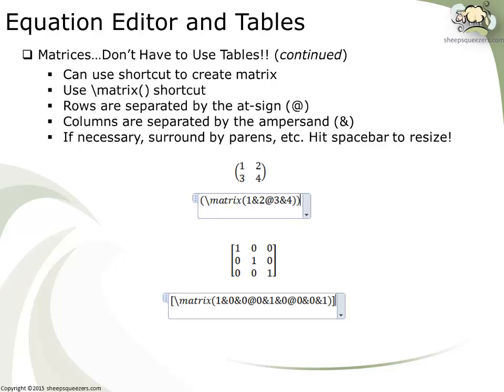Then I specify 0, 1, 0, again 0, ampersand 1, ampersand 0. Then to specify row 3, the @ sign, and then I specify 3, 1 is 0, ampersand, 3, 2 is 0, ampersand, and 3, 3 finally is 1. End the matrix shortcut with the right paren, and then end the entire thing with your closing right bracket, and then hit the spacebar to resize the bracket.